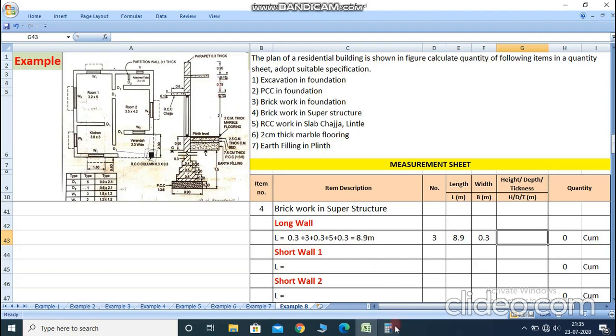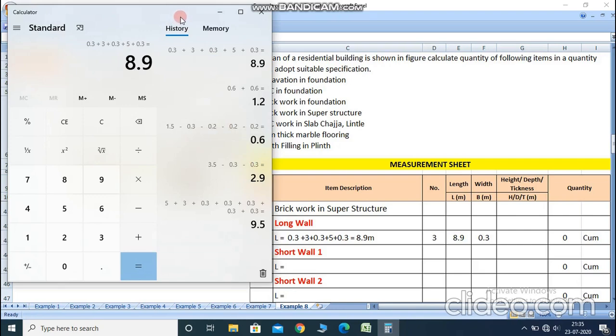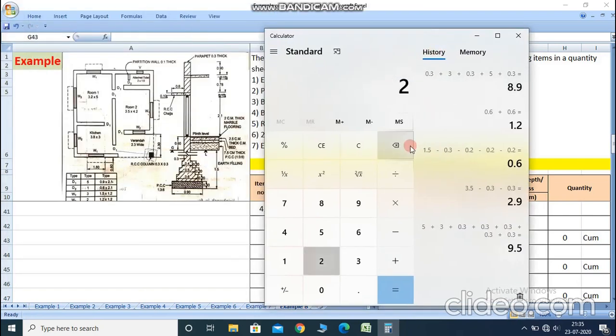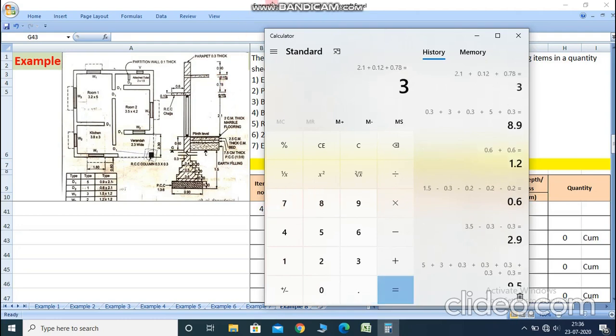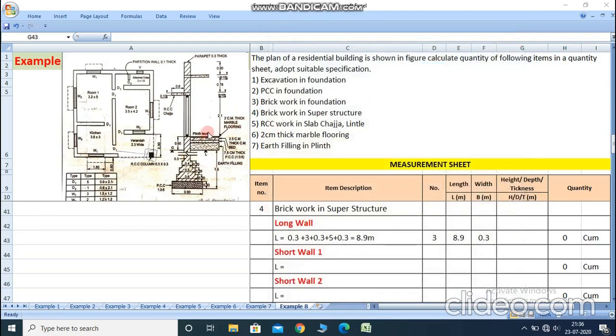So the total answer we got is 3. So 3 meter is the height from plinth level to slab level. So the brickwork height is 3 meter.